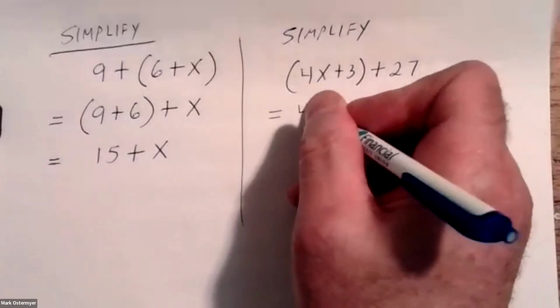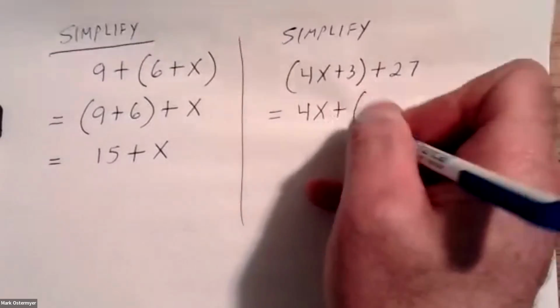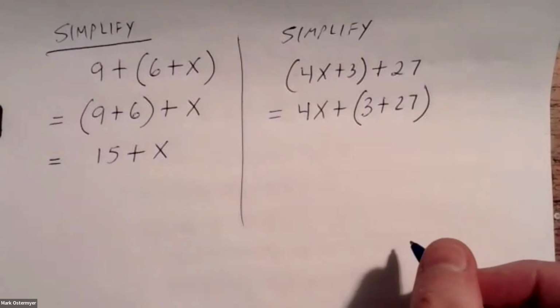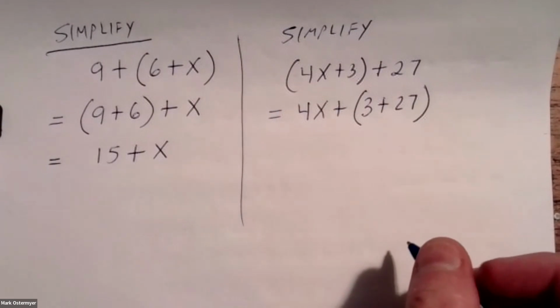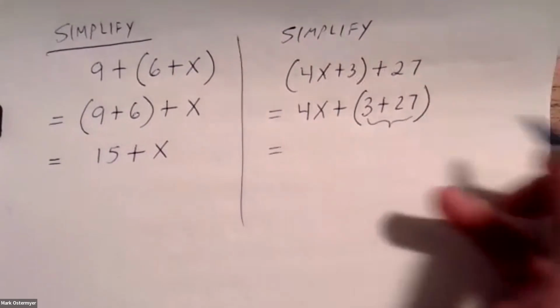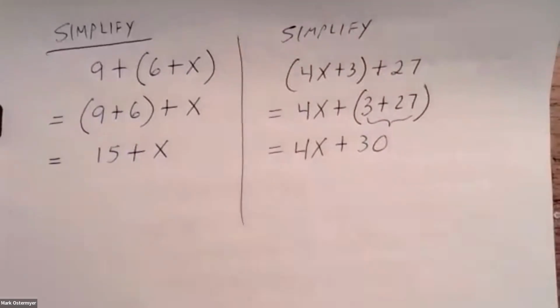By shifting our parentheses and adding 3 and 27 together first, all right? Now what's 3 plus 27? 30. So 4x plus what? 30.